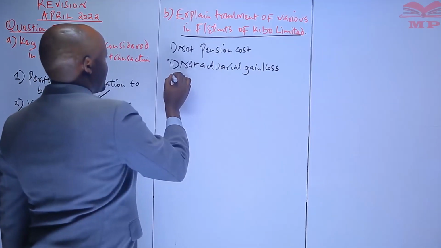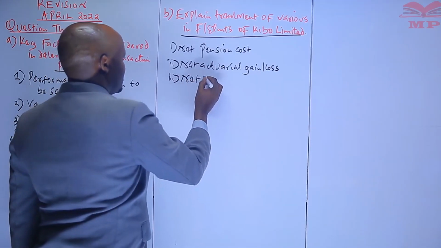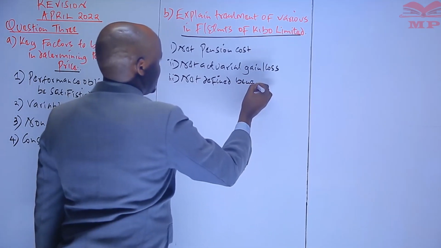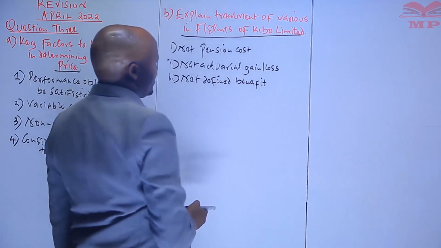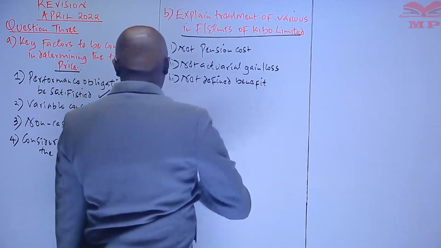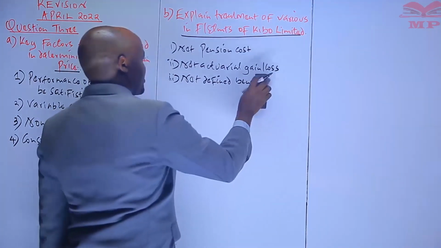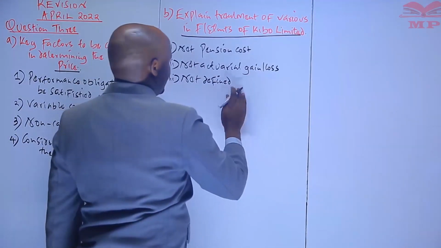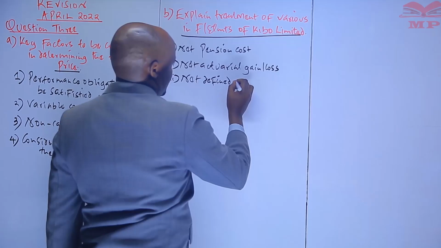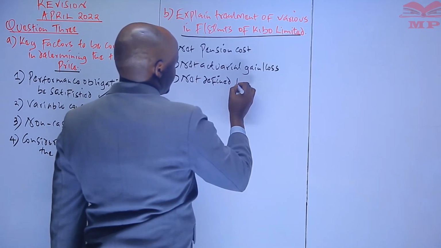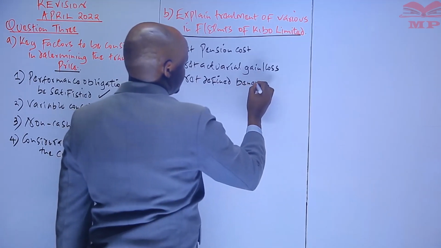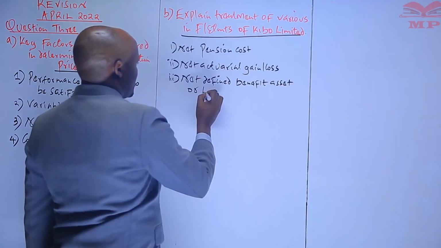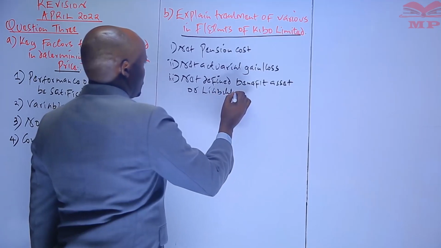And number three is what we refer to as the net defined benefit asset or liability.